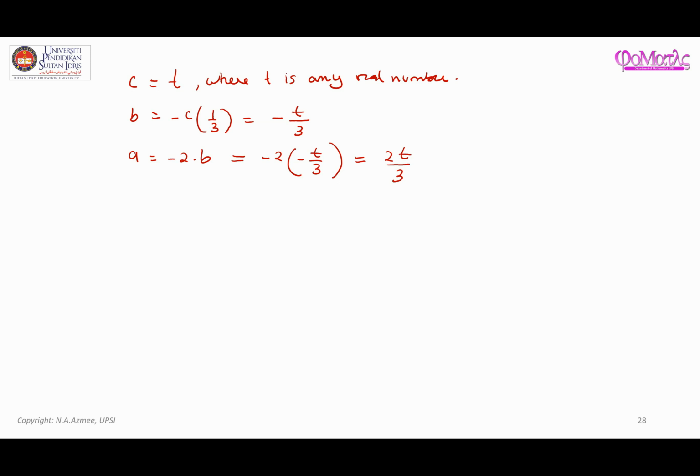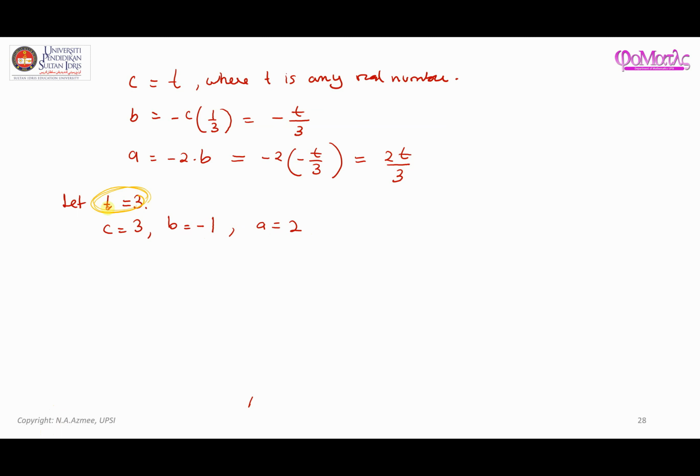Clearly, if you let, for example, T equal 3, then the value of C is 3, the value of B is negative 1, and the value of A is going to be equal to 2. Now, why do we choose T equals 3?